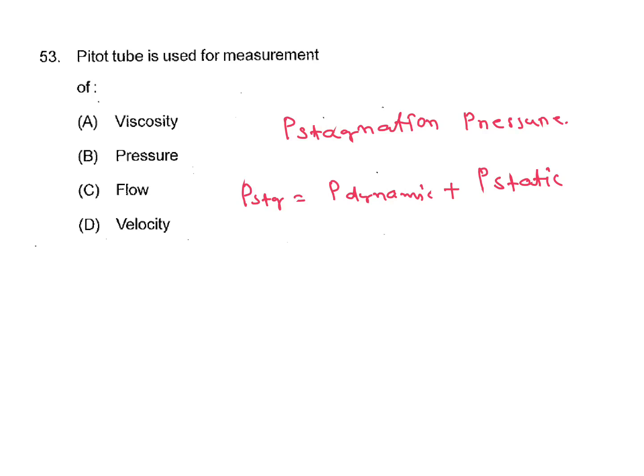From this relation we will get velocity. Here stagnation pressure is not mentioned, only pressure is mentioned. So velocity is the answer. If stagnation pressure were mentioned, then B would be your answer.